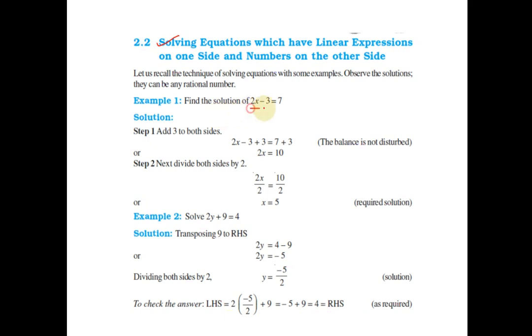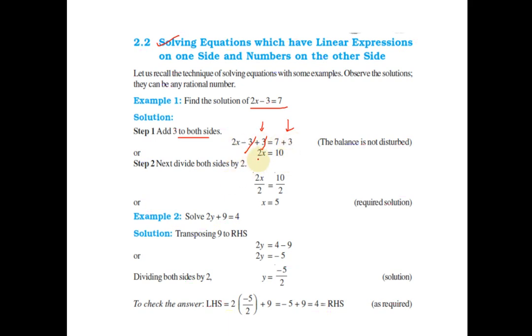Find the solution of 2x minus 3 equals 7. This is a conventional method, we will not be using it. At first he has added 3 to both sides, in the LHS as well as the RHS. This 3 and this 3 will cancel out because one is minus, one is plus. So 2x equals 7 plus 3, that is 10.